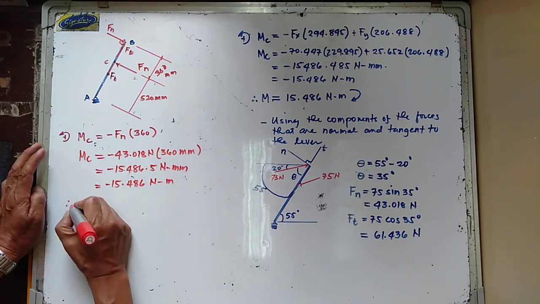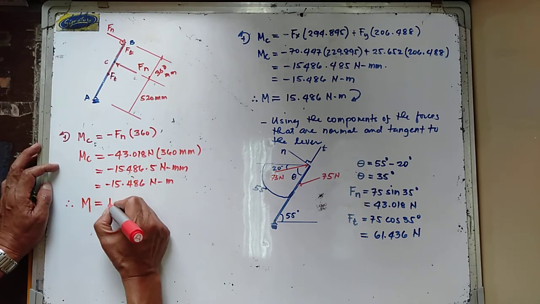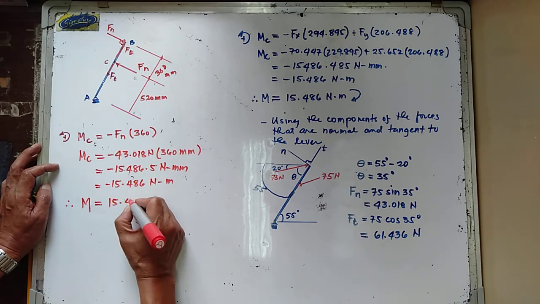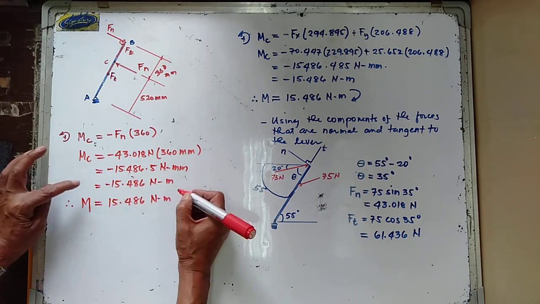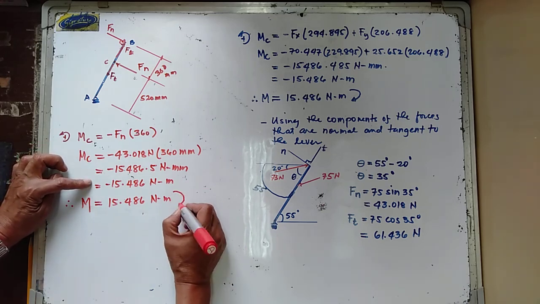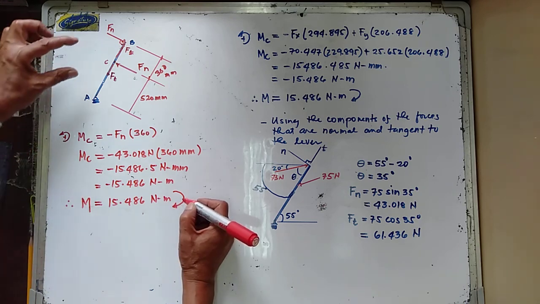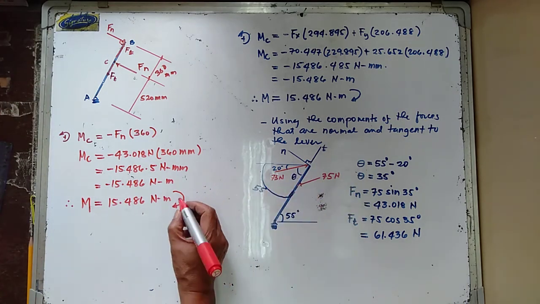Hence the moment produced by the couple is 15.486 Newton meter. Again, we get a negative one in here, hence the moment produced by this couple is a clockwise moment.